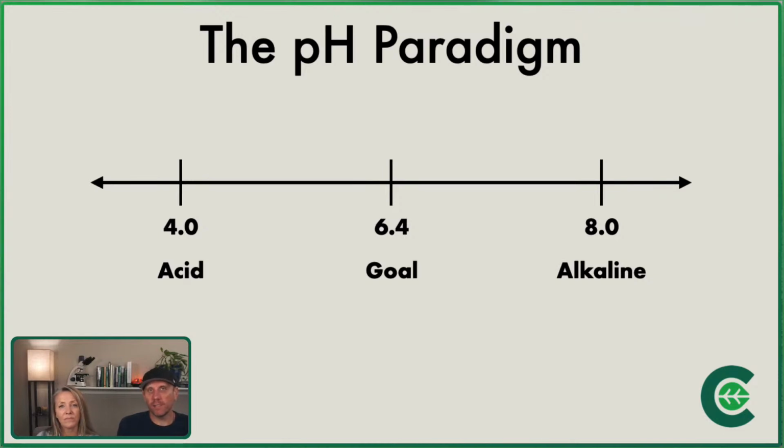And in the context of rock wool or coco coir or pure hydroponic media, if you vary slightly from this ideal pH, there's very clear indications that the plants are not happy. In often extreme cases, you can actually lock out plants altogether and kill them. So there's this mid-range goal between acid and alkaline that most people would agree is somewhere around 6.4.